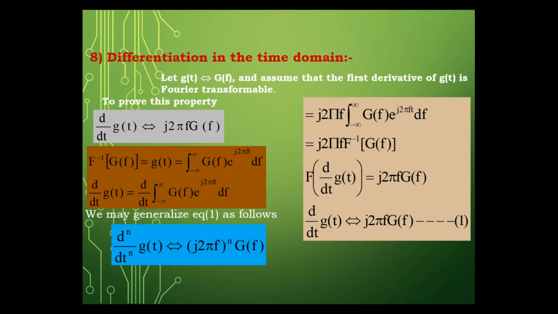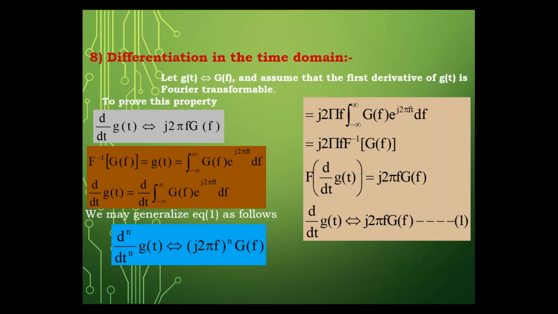Like that, we have seen different waveforms, different signals also. Now, if I ask you to find the Fourier transform of an impulse, you can find it. But you can find that using the differentiation property also in a very easy way. We'll see how these properties will help us and how to solve this in detail.